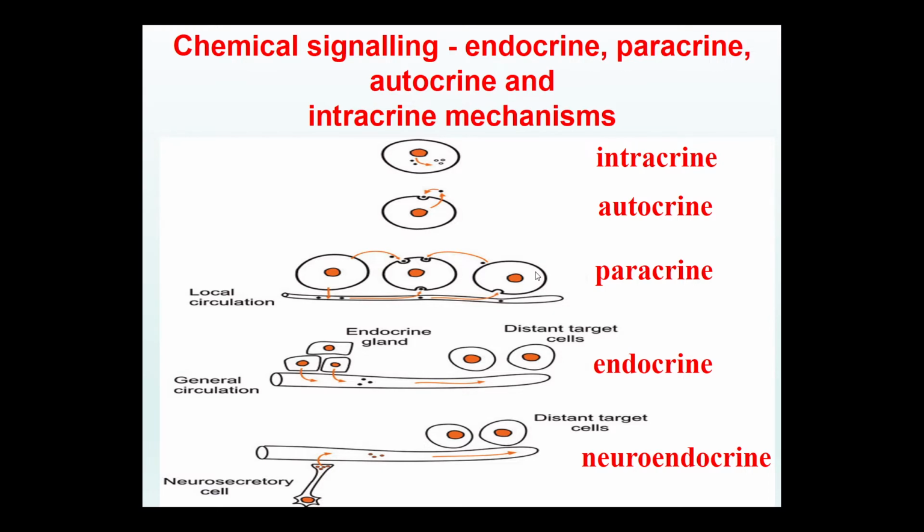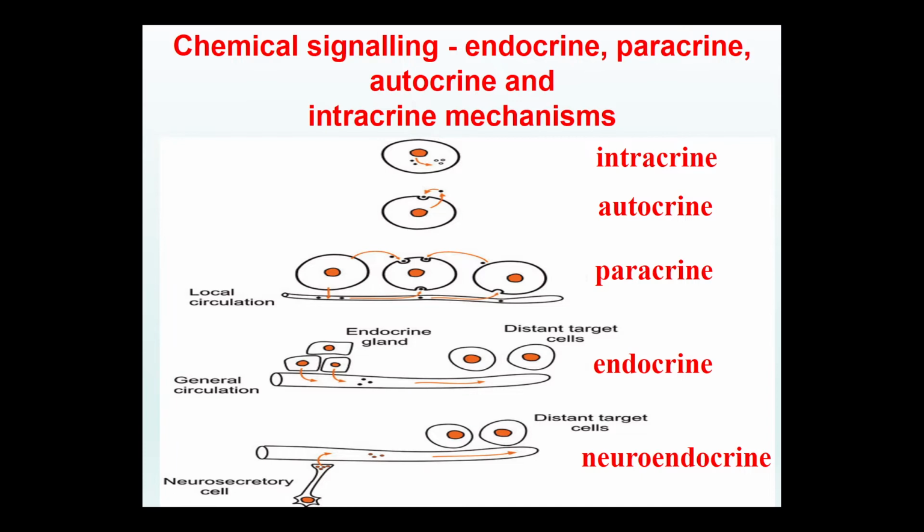It's a local mechanism of action. A chemical released by a specialized group of cells into the bloodstream and acting on a distant target tissue is determined as a classical endocrine or neuroendocrine signaling mechanism of action.